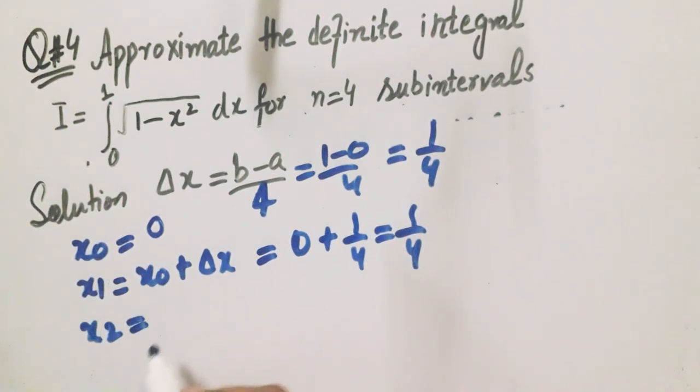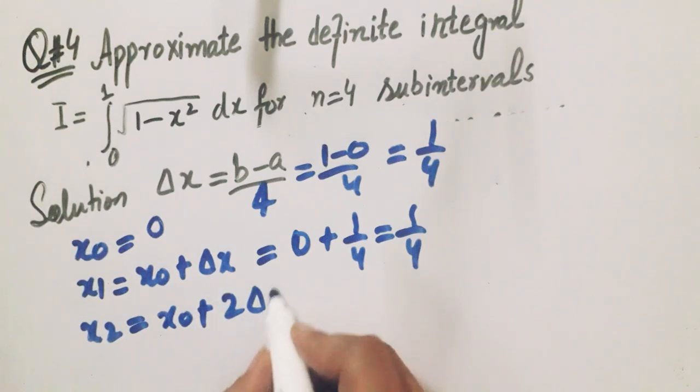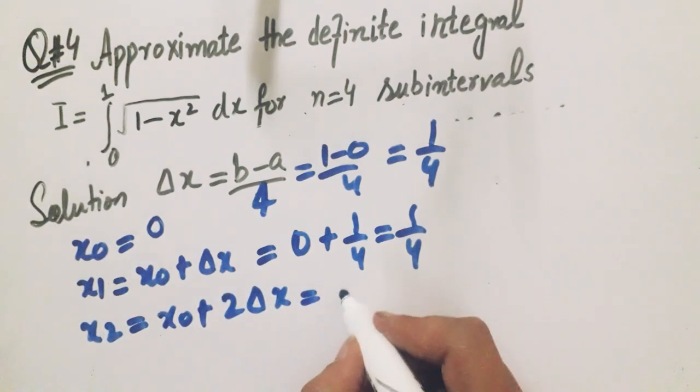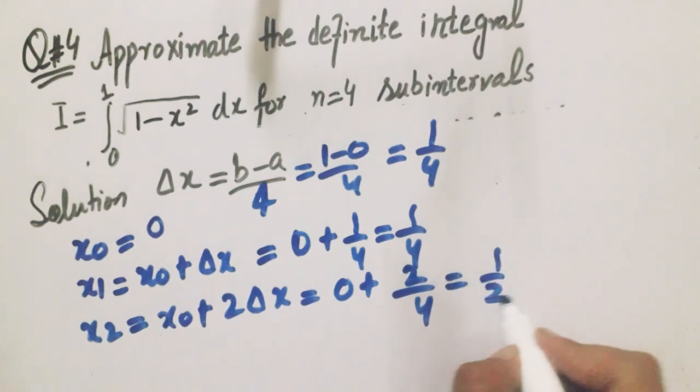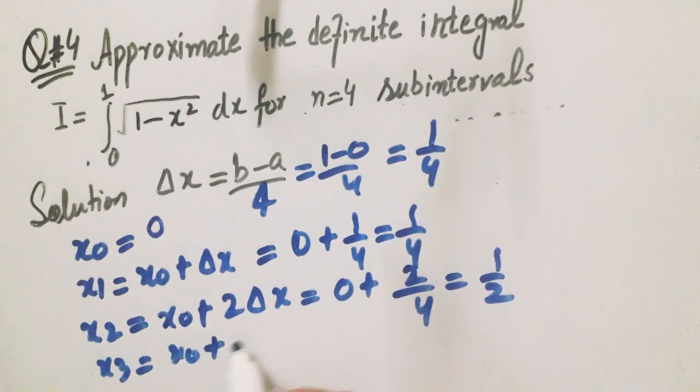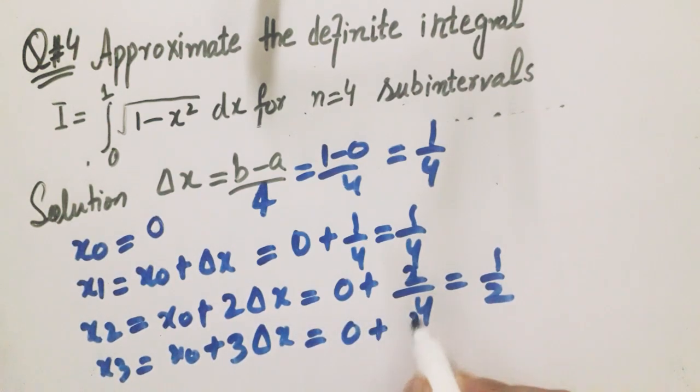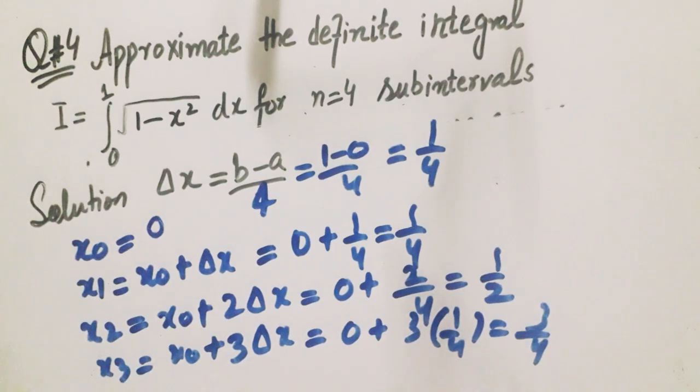Now calculate x2. x2 will be equal to x naught plus 2 of del of x. So 0 plus 2 by 4, which is equal to half. Now x3 is equal to x naught plus 3 of del of x. 0 plus 3 into 1 by 4, which is equal to 3 by 4.